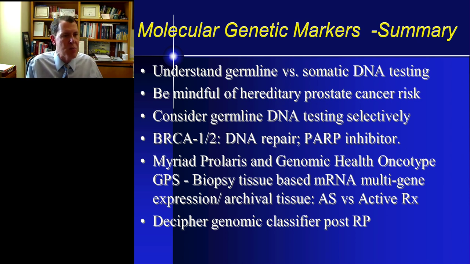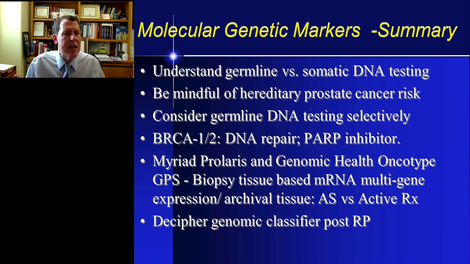Then in the last part of the talk, we talked about the commercially available molecular biomarkers. We talked about both Myriad Prolaris and Genomic Health Oncotype GPS being molecular RNA-based assays, RNA-based expression profiles that used archival prostate biopsy tissue to interrogate messenger RNA in these multi-gene expression panels.